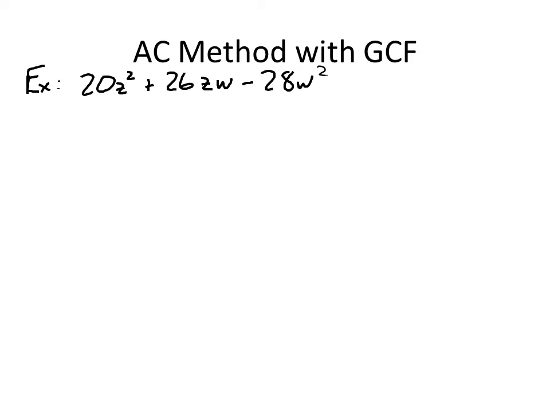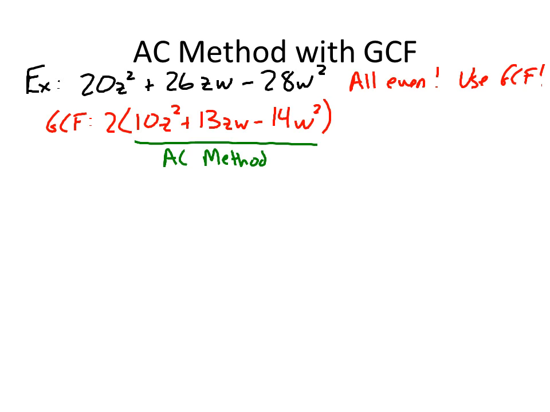So that means we have a GCF of at least 2. So I notice that they're all even, and I factor out a 2. That leaves me with 10z squared plus 13zw minus 14w squared. I still have to do the AC method.